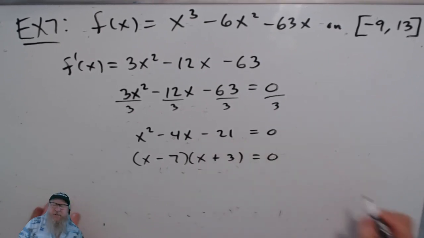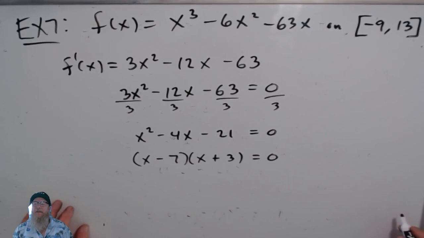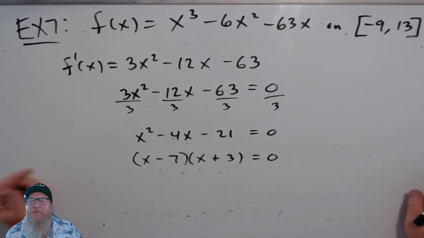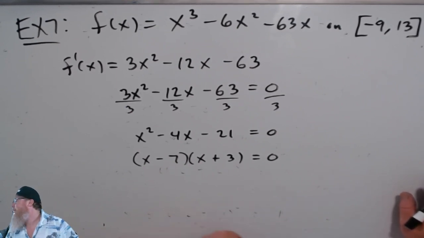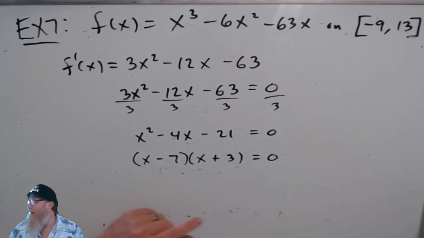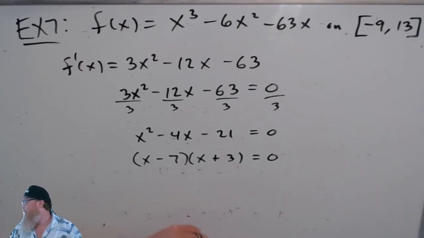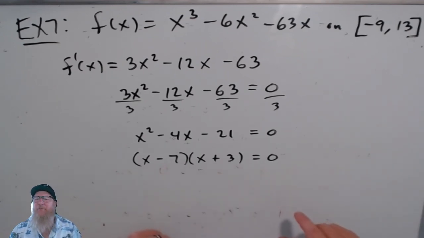I feel like we've seen this one before. I'm having like deja vu. We already did this one? If not, we did one very similar to it. All right. Well, I know we've seen the 7 and the 3 before.